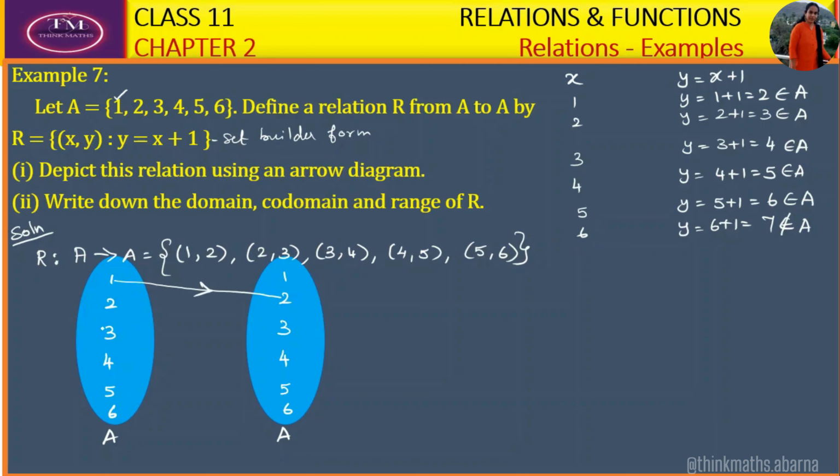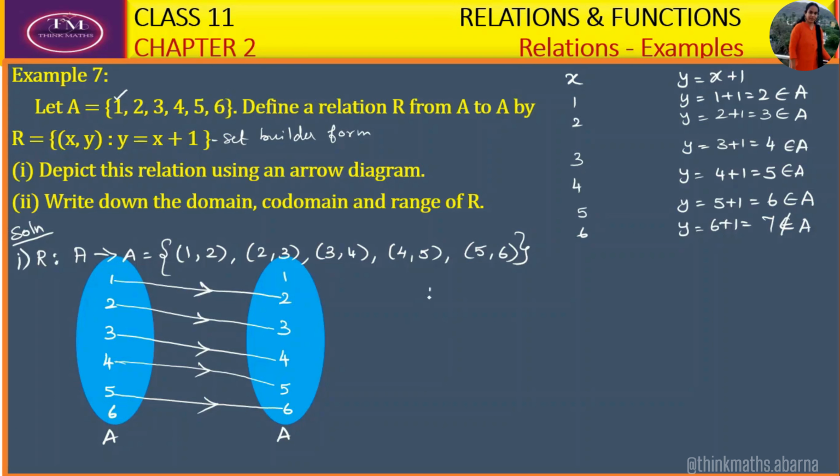Draw an arrow. (2, 3), so from 2 to 3. (3, 4). (4, 5). First element from the first set, second element from the second set. (5, 6). So this is the way of representing the given relation using an arrow diagram. This is the first part.